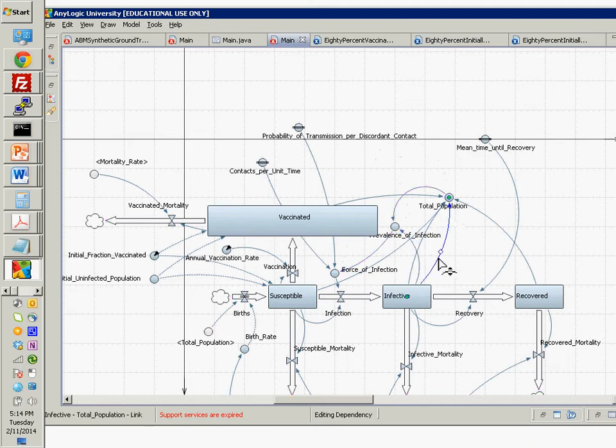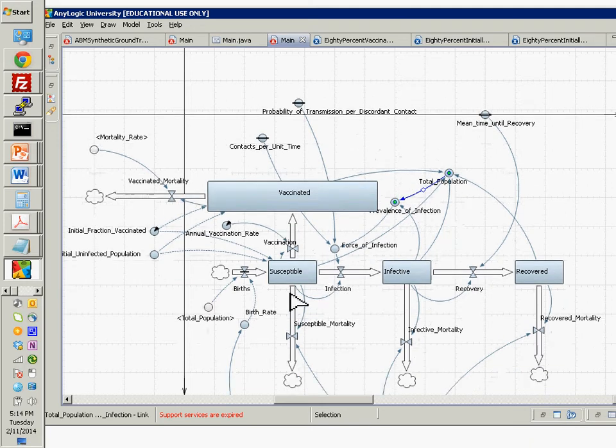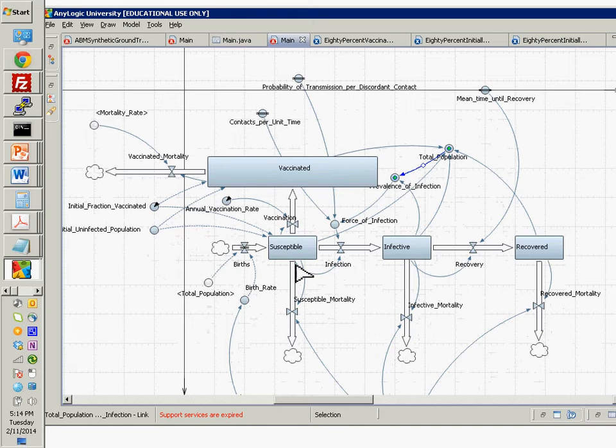But there we go. Okay, so that was one component I added in, this vaccinated stock. A second component that I added in was these elements associated with population turnover. So I had mortality rates going out of infective, susceptible, recovered, and births coming in. So perhaps you folks can tell me.